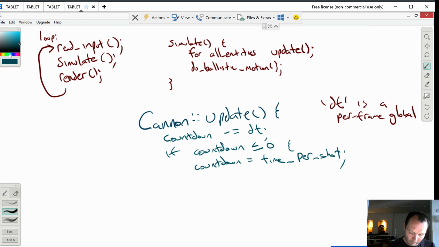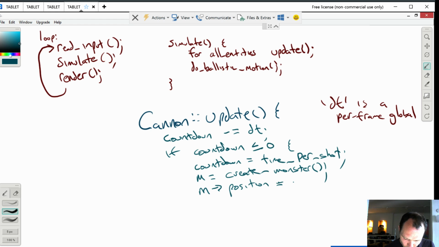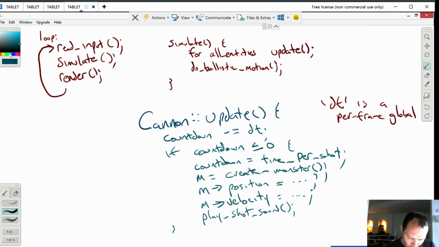So we reset that, and m equals create monster, and then m's position is something, right? And m's velocity is something. Play a shot sound. Okay, so something like that.